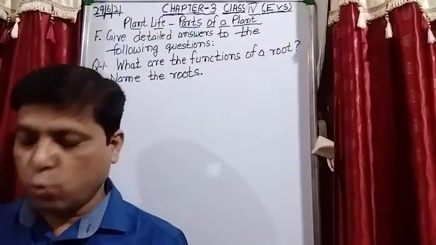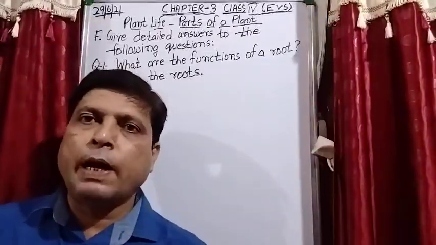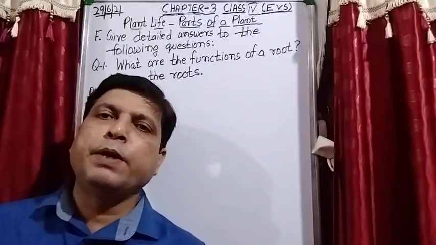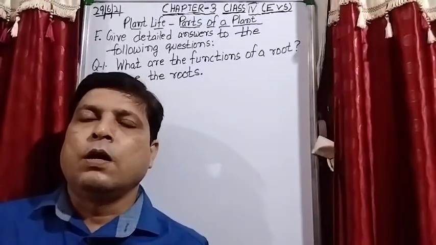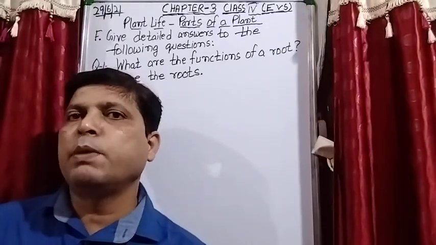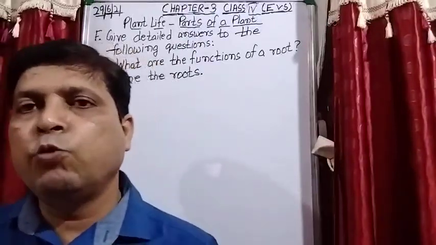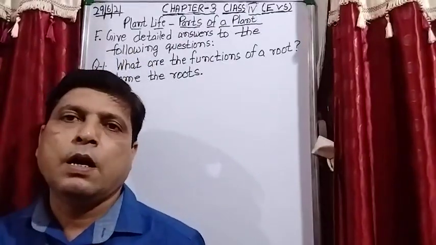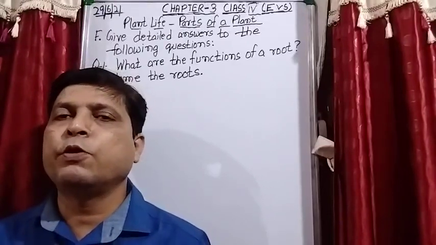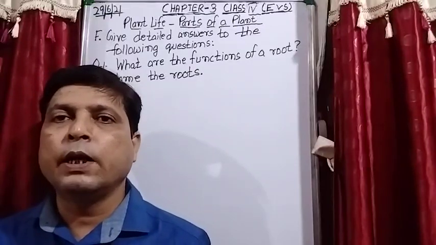Tap root is the main root of the plant that goes very deep in the soil, and from this main root many roots grow. This type of root is found in big trees like neem and peepal. So these types of roots are found in big, or you can say tall, trees.